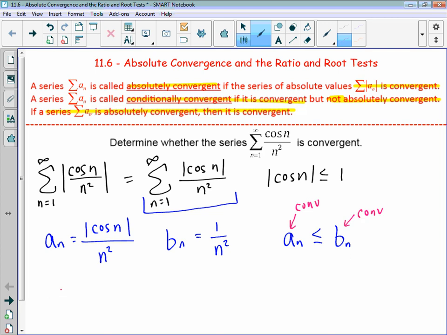And this is where Jared was kind of going as he was jumping ahead of everybody here. If we go n equals 1 to infinity, we put b sub n in there. He says that's a p series, right? And that's a p series with p equal to 2. So what does that do if it's a p series with p equals 2? Converges.